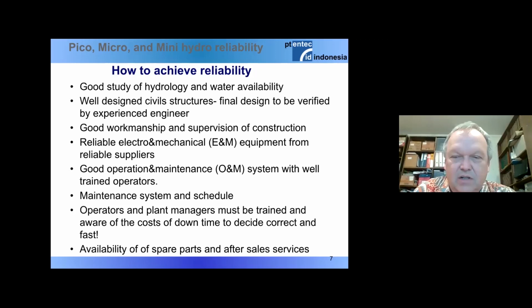There must be a proper maintenance system and schedule. And one thing is also important, the awareness of breakdowns of the site. People may not be aware that they waste a lot of money by not buying a spare part for $10, and the availability of spare parts and so on as well.